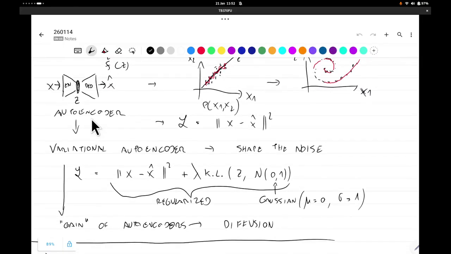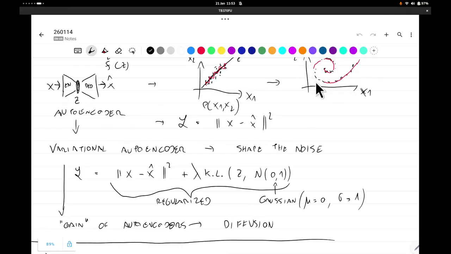The next step that leads to the variational autoencoder is the idea of saying, okay, I do not want to leave open to the network learning the distribution the data have on the latent representation, right? If you just do a loss function like this one, so that you just want to reconstruct the input, then there can be any distribution on the latent representation, the internal representation.